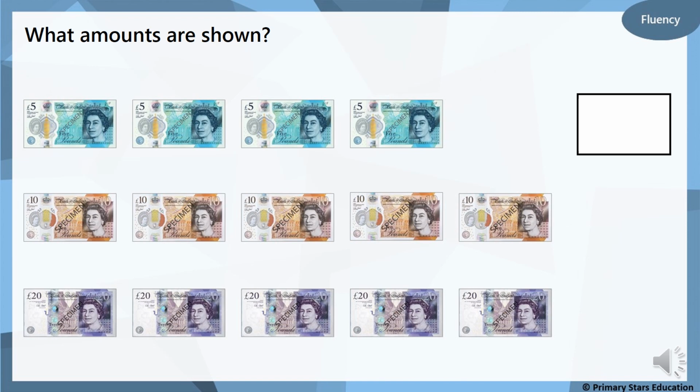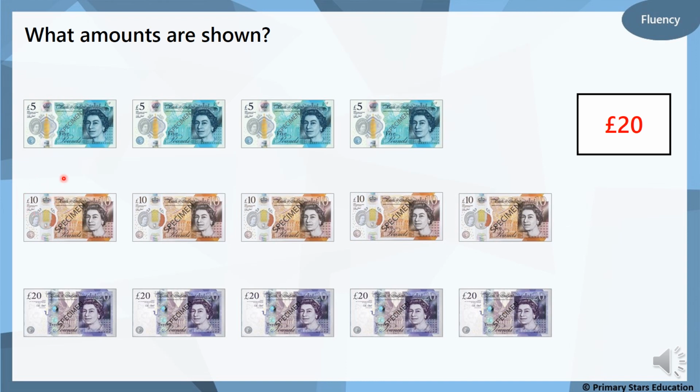Now we're going to look at the amounts shown by counting the notes, and the amounts will tell us what our jumps are going to be in. So we've got 5, 10, 15, 20. That's £20. If you have a look at the £10 notes, you can see there is a 10 in the corner, so we're going to count in jumps of 10.